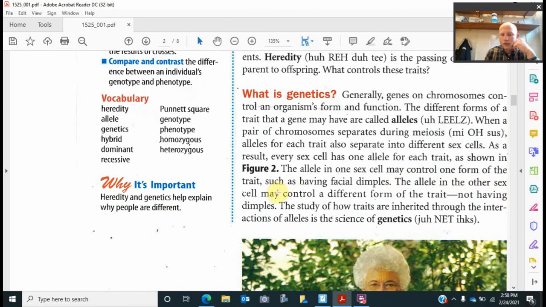The allele in the other sex cell may control a different form of the trait, which is not having dimples. Meaning maybe the parent that had the egg passed on a trait of dimples, while your other parent with the sperm passed on a trait of no dimples, right? So you have a trait about dimples, and an allele is one form or the other form, dimples or no dimples.